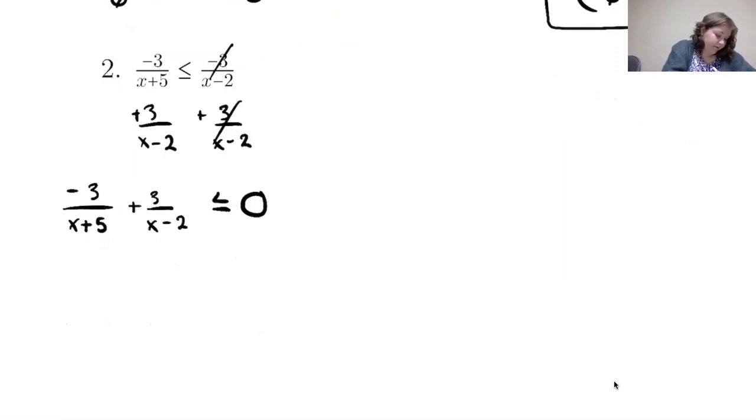So what I will do is I will multiply this first fraction on top and bottom by x minus 2. And the second fraction, I will multiply it on top and bottom by x plus 5.